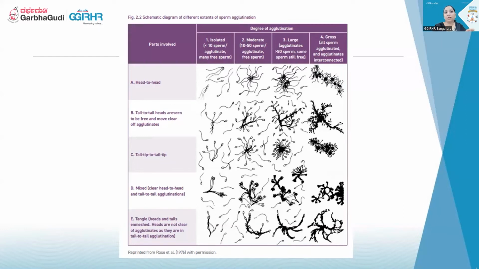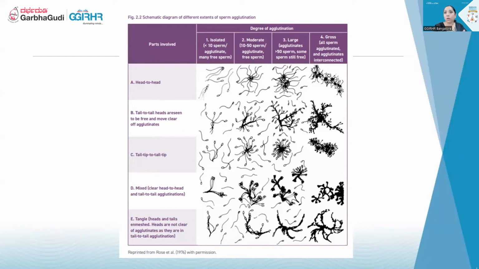In the picture you can see many mixed ones, where there is too much clumping or aggregation and you're not able to assess head to head, tail to tail or head to tail. These are tangled. So the last category would be tangles, which are huge groups of agglutinate in tail to tail agglutination.